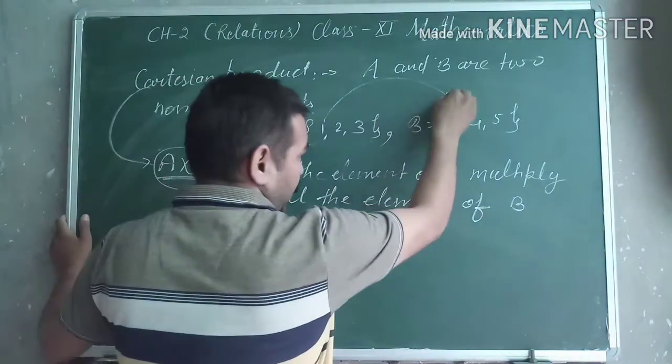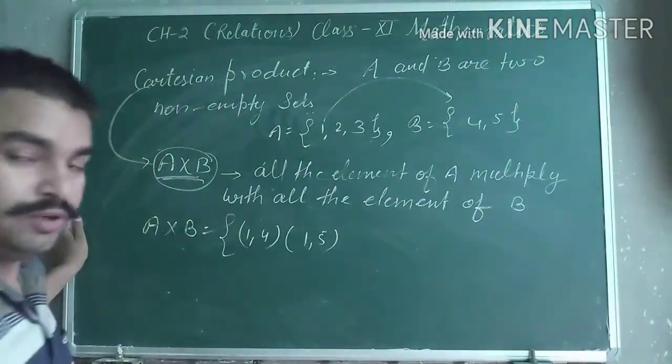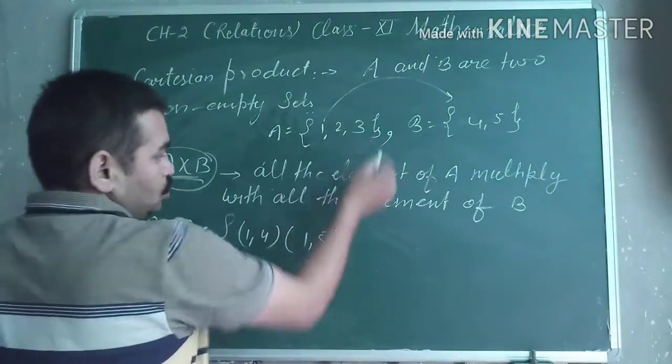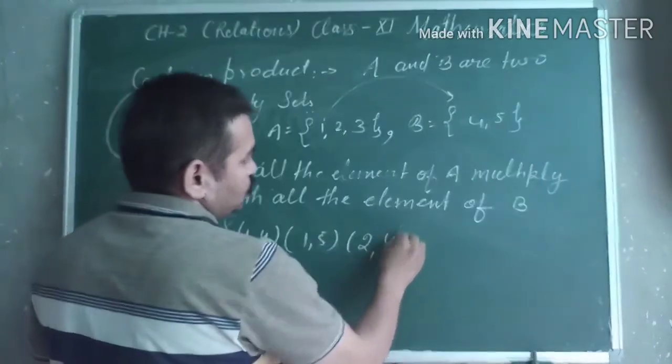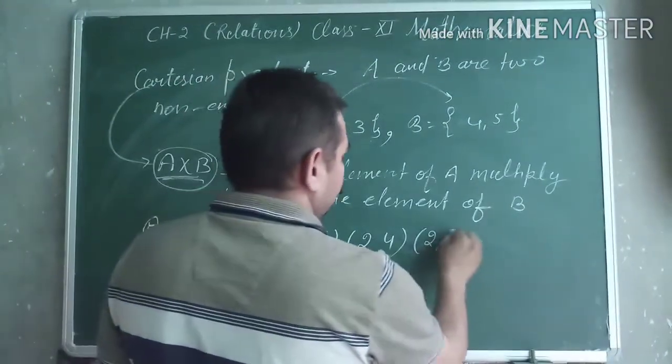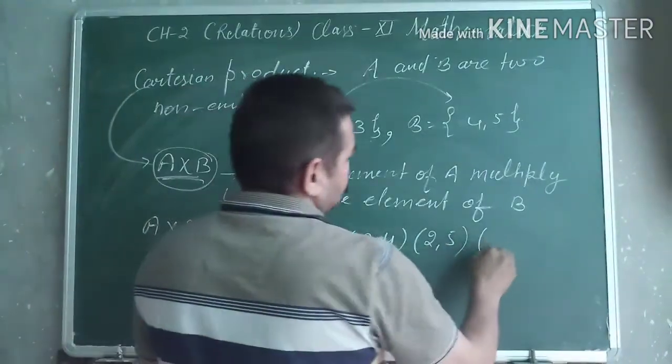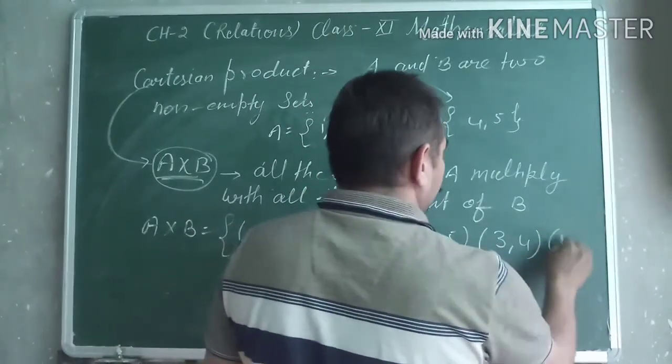Element 1 is paired with 4 and 5. Now 2 is paired with 4 and 5, that is (2,4) and (2,5). Another element 3 gives (3,4) and (3,5).